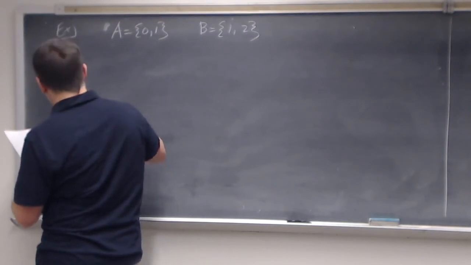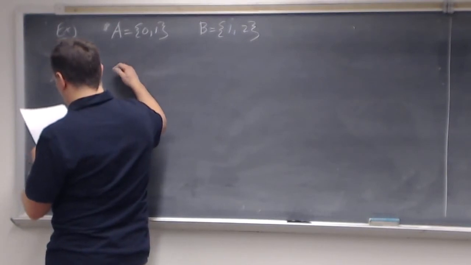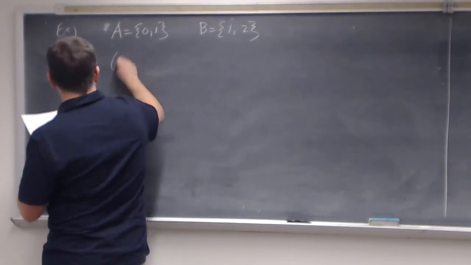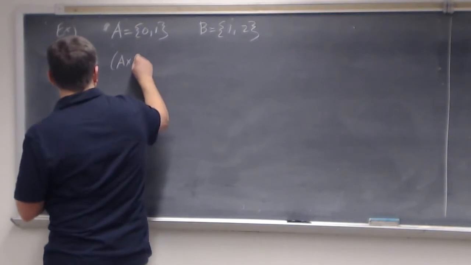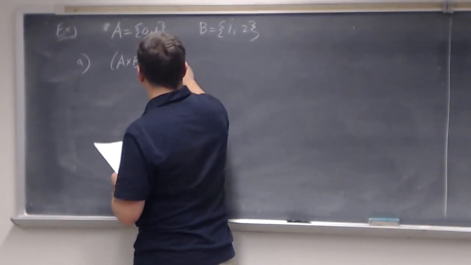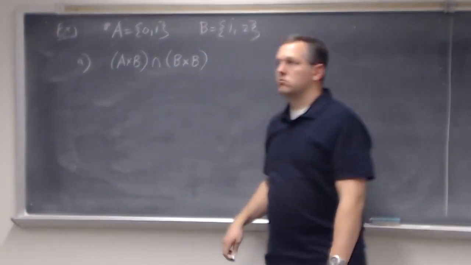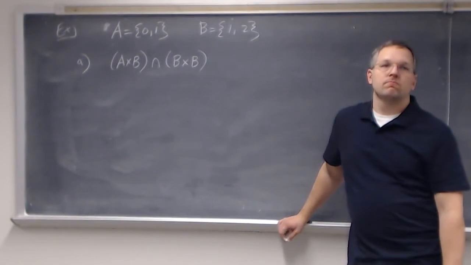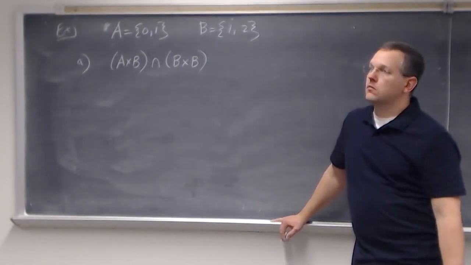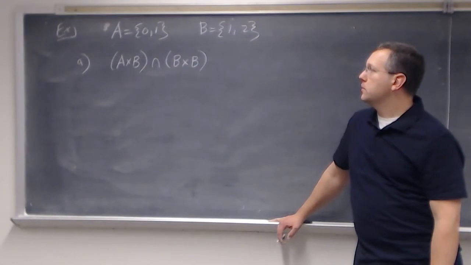What is, first part, what is A cross B intersect B cross B? We should do this in parts and steps.